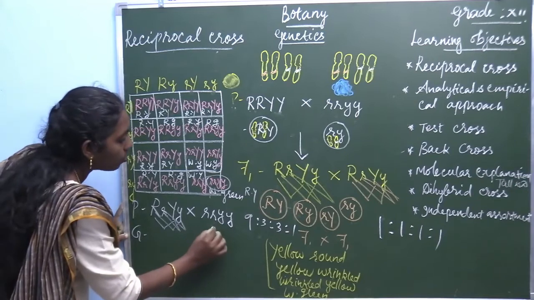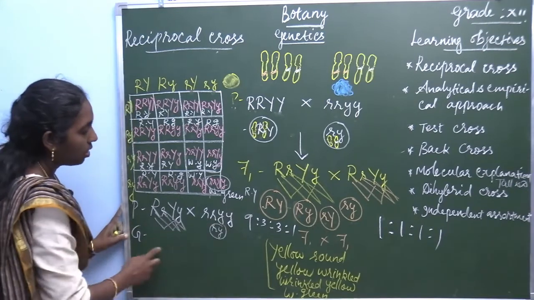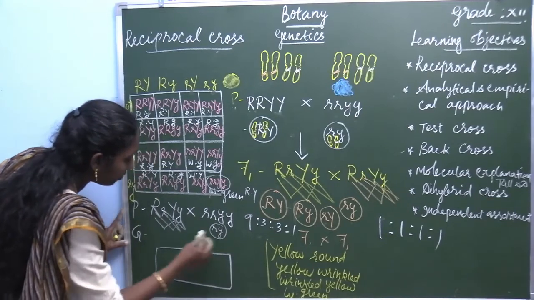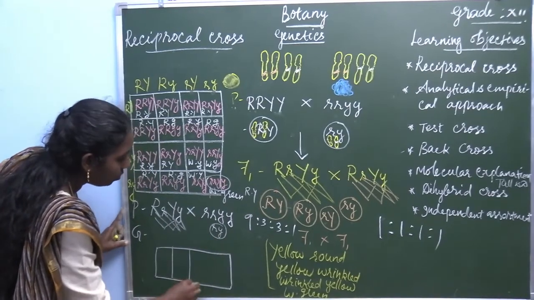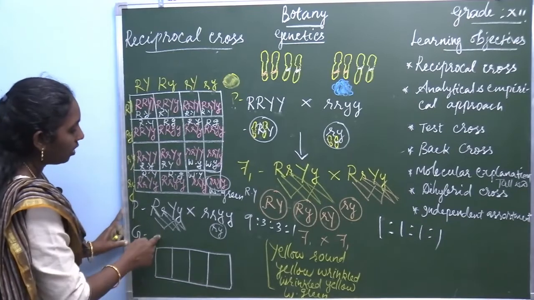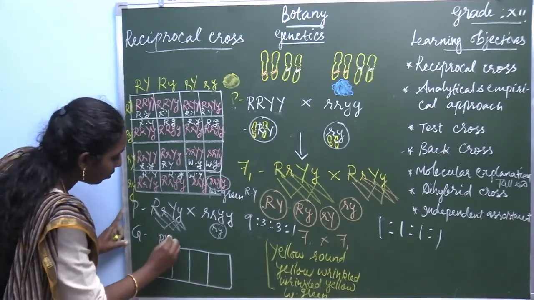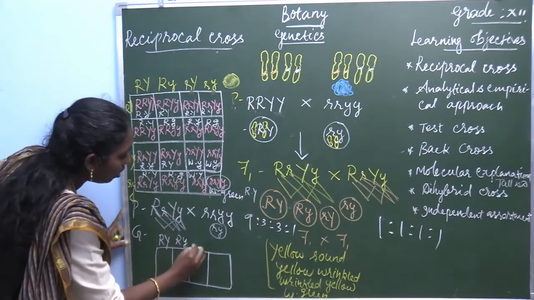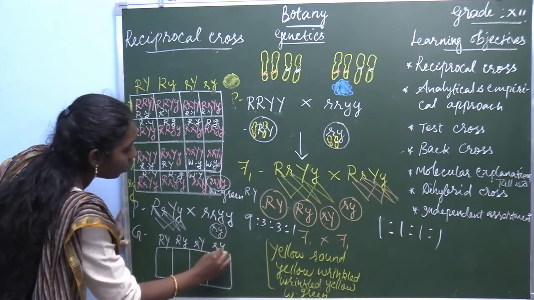Here only one, small r and small y. So, take it in the form of checkerboard. 1, 2, 3, 4. Here capital R, capital Y, capital R, small y, small r, capital Y, small r, small y.